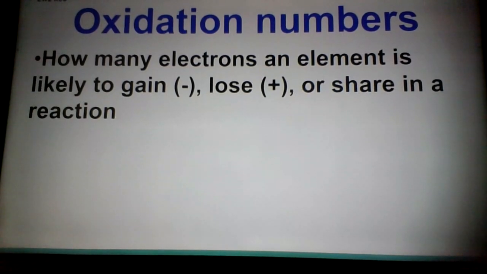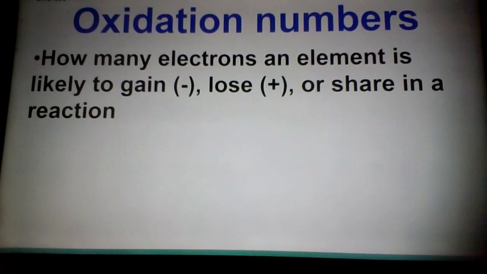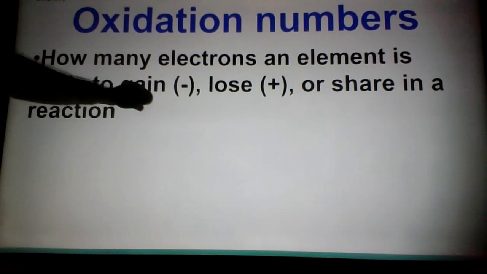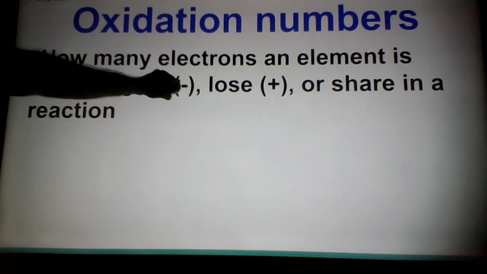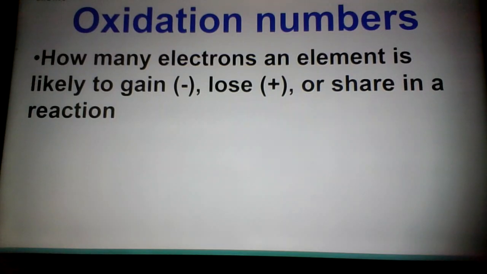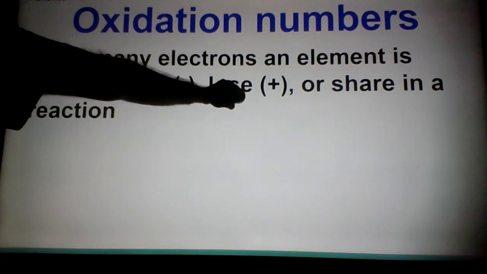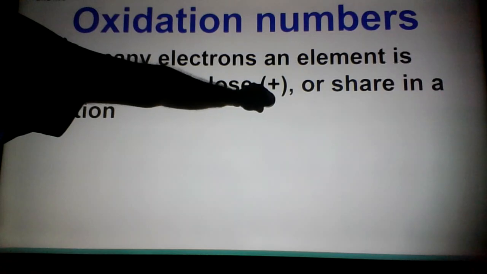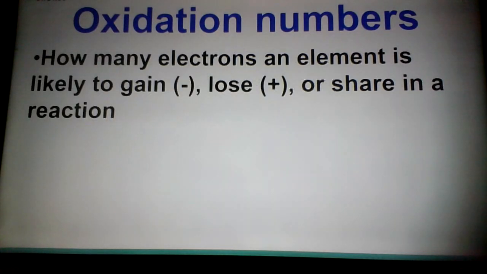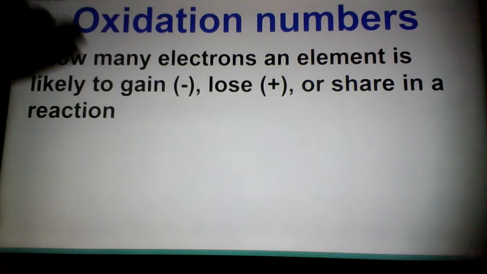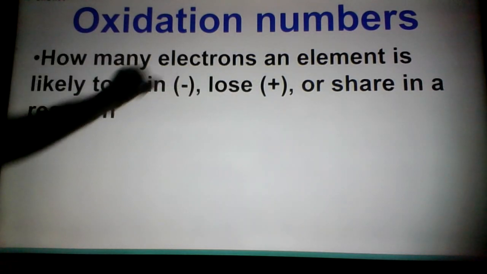Oxidation numbers tell how many electrons an element is likely to gain or lose or share in a reaction. Remember, your nonmetals gain electrons and they end up with a negative charge. The metals lose electrons, and because they now have more protons than electrons, the metals get a positive oxidation number. So the losers end up positive, the gainers of electrons end up negative.